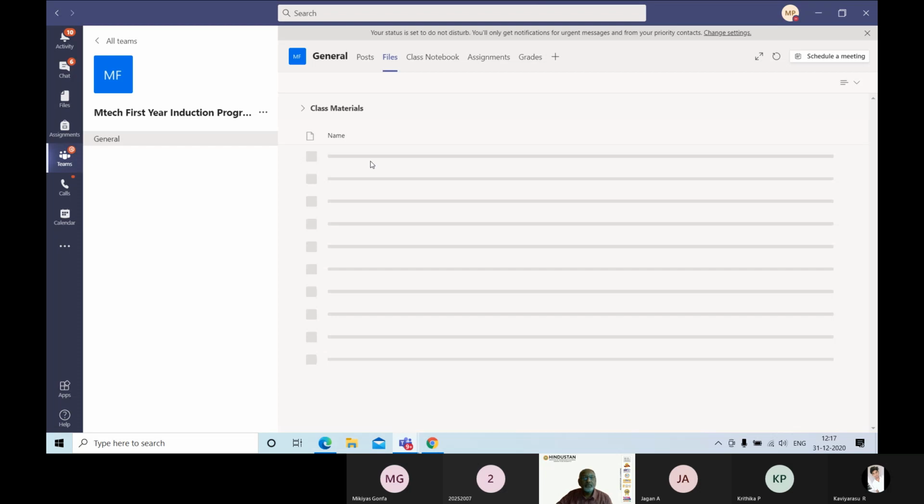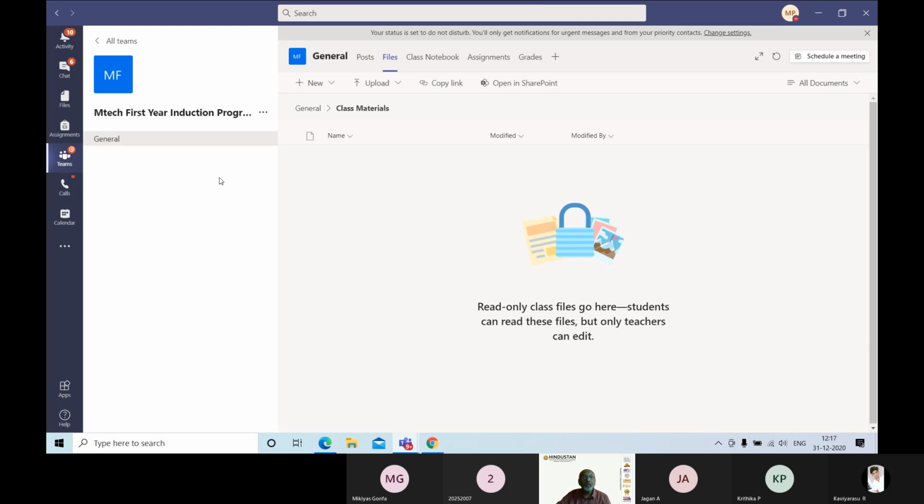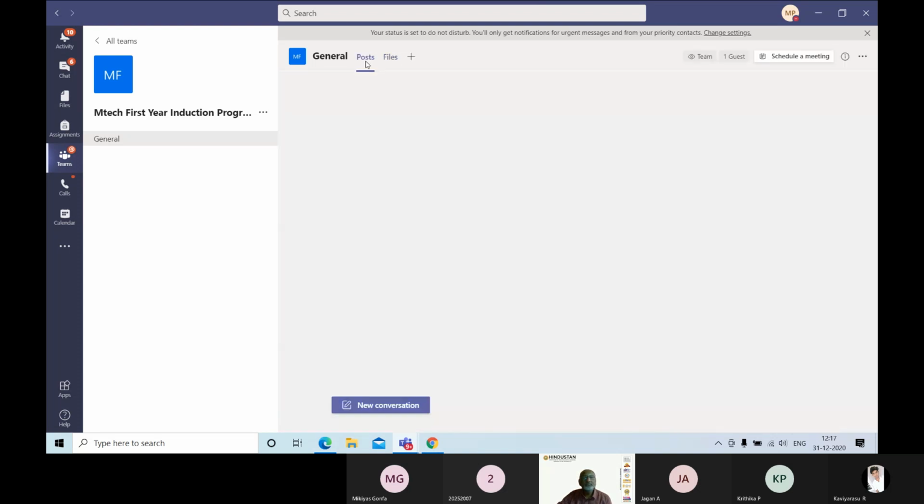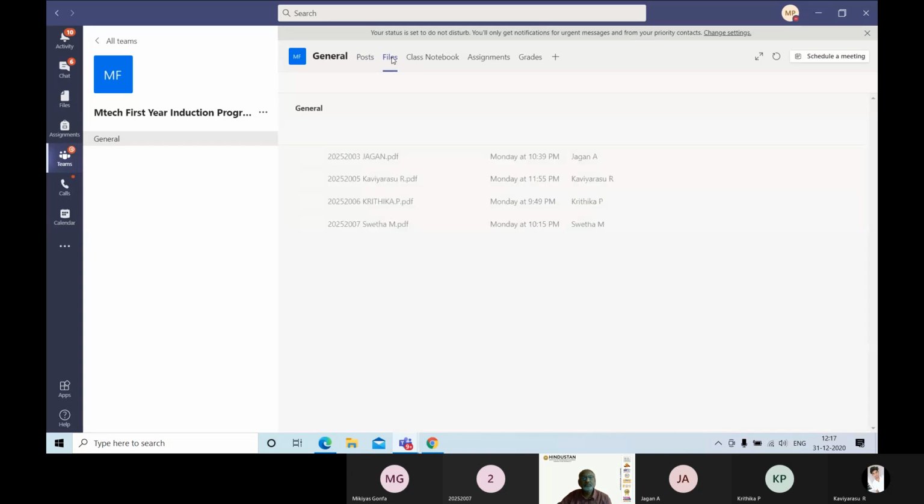Okay. What about this? Where is the PDF form? The Word document has been removed. All of it removed. PDF is necessary. Then only they will download and do it.